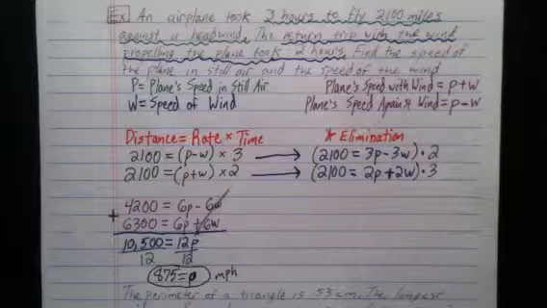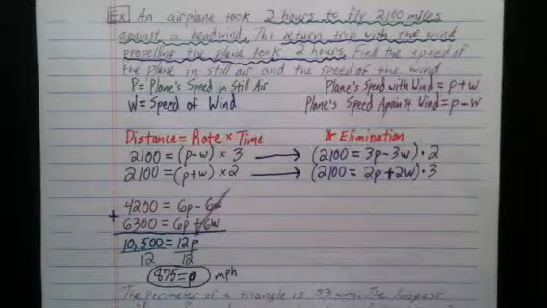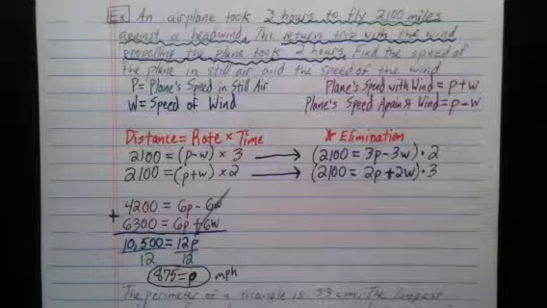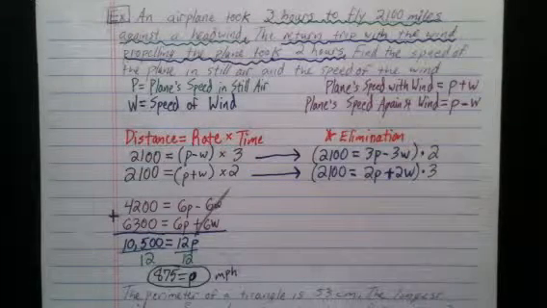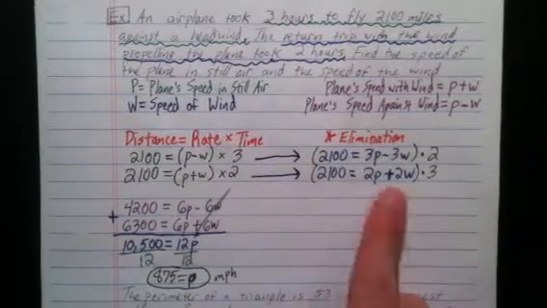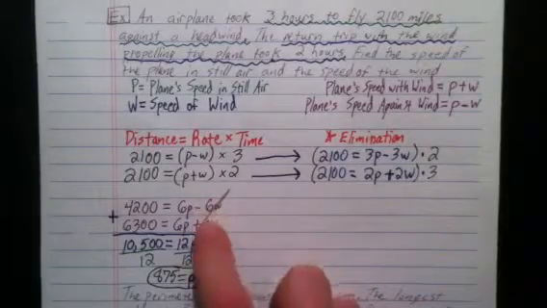So p represented the plane speed in still air. Now we can use that and go back into either of the two equations to find out what is the speed of the wind. So looking back, again, either of the equations will work. We could use one of our two original equations, or we could use one of the two new equations we found here.